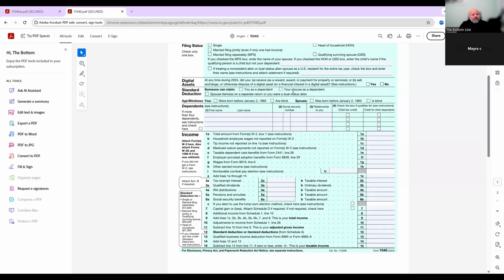Can someone else claim us? And if your spouse itemizes, you have to itemize. If you're married filing separately and one spouse itemizes, the other has to itemize. So you have to do the same thing. And oftentimes, if one spouse has a lot of itemized deductions and the other doesn't, it can really hurt the one that doesn't have the itemized.